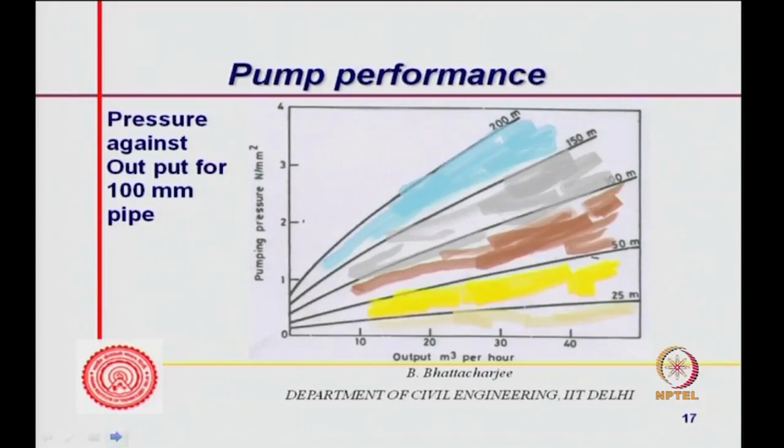Pump performance, well, for a 100 mm pipe, output per hour is a function of pumping pressure, and this will depend upon the length you are pumping through. At 200 meter length, the pressure required will be this much. For 25 meters, the pressure required is less.